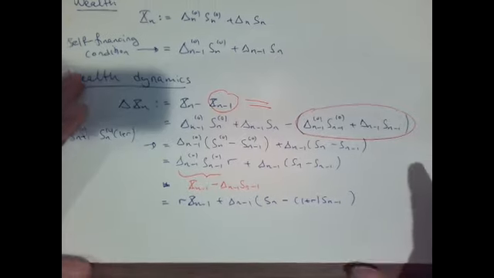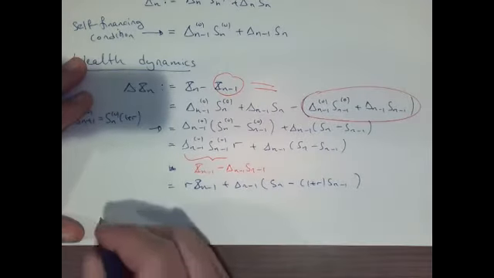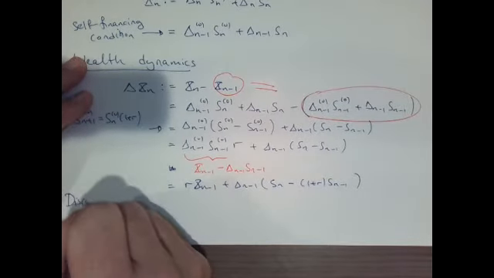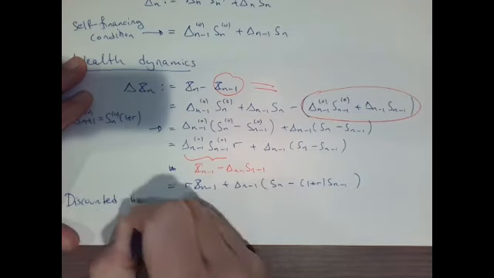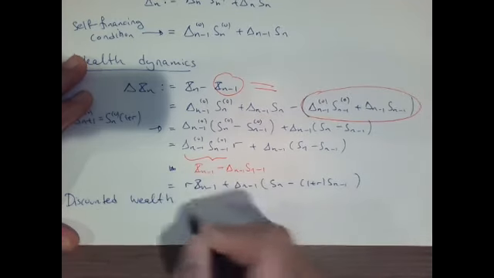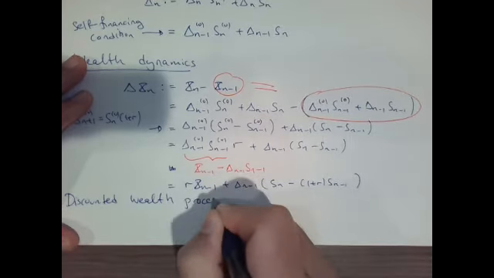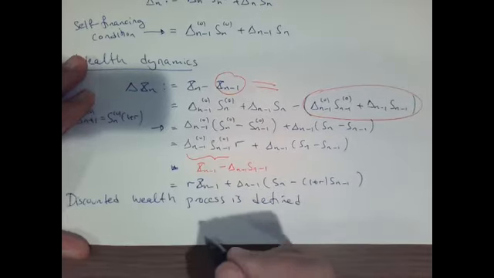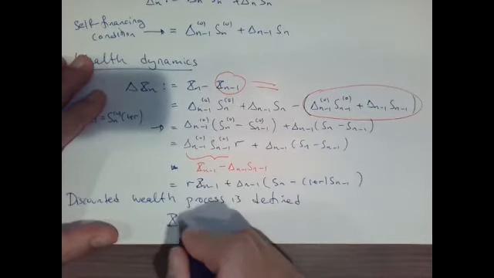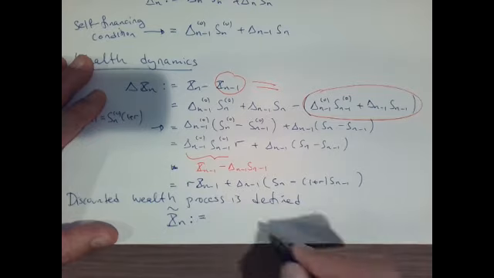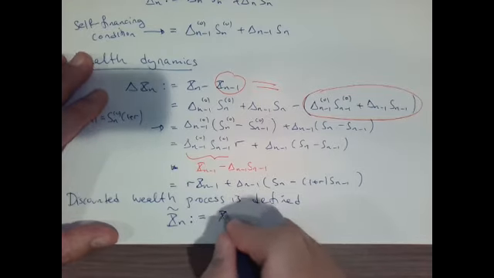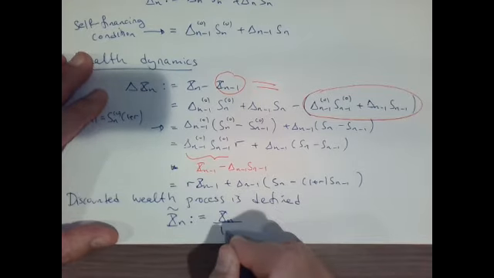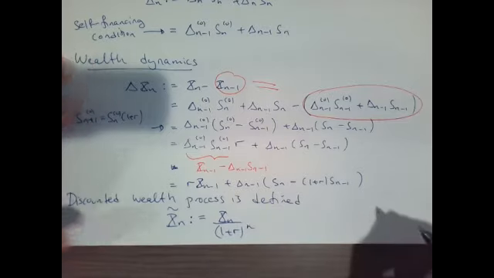So my discounted wealth process is defined as x_n tilde. It's just the undiscounted one, and then you divide by the money market account, 1 plus R to the n.